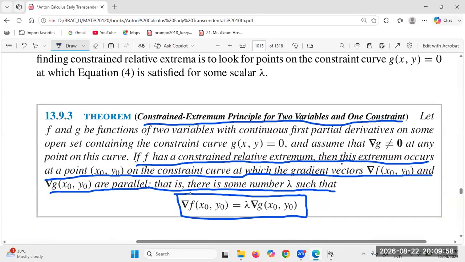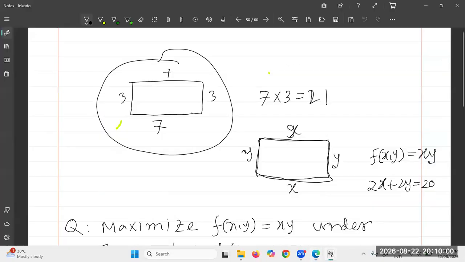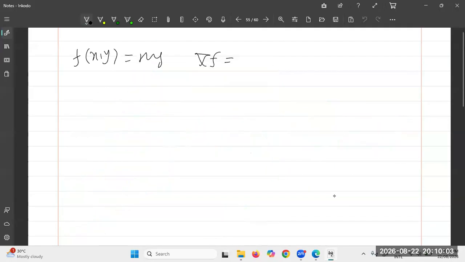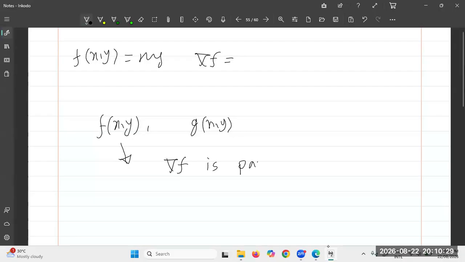So basically, the theorem says we have a function f of x comma y, and we have a restriction, a constraint g of x comma y. This function f of x comma y has a relative extremum under this restriction if gradient of f is parallel to the gradient of this constraint g.